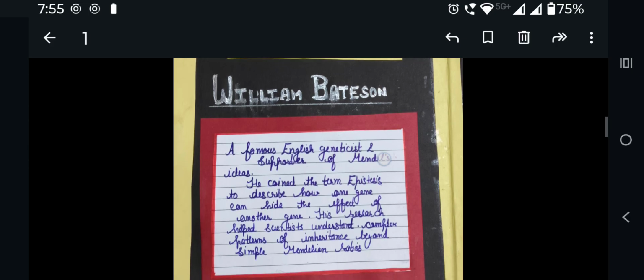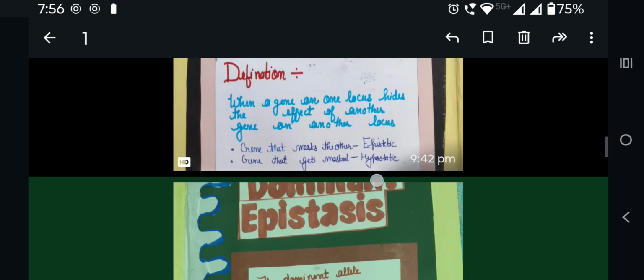So this ratio is different from the simple Mendelian ratio. Bateson coined the term epistasis, and you can explain it with the examples of cucurbits and mice.